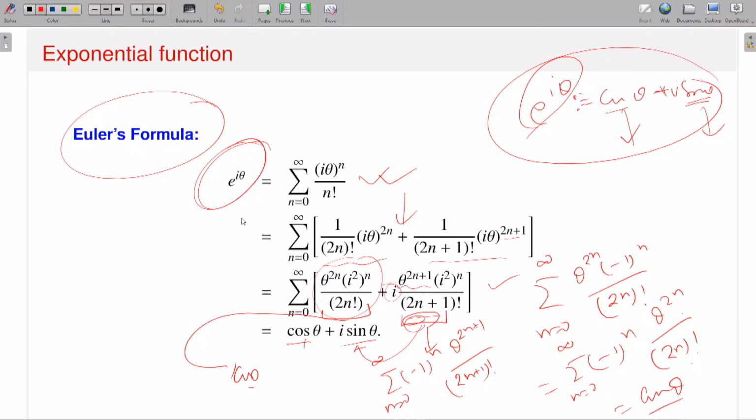So whether you write it or assume it, there should not be any confusion. If I write e to the power i theta, you don't have to define it; you can just write it equals cosine theta plus i sine theta, because you know the power series expansions of cosine, sine, and e to the power i theta, and all become equal.